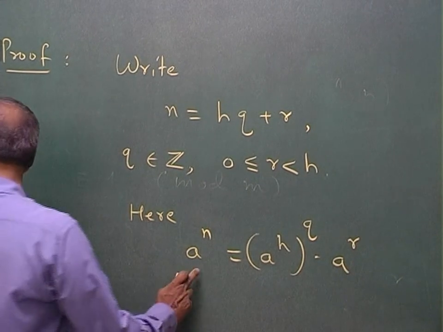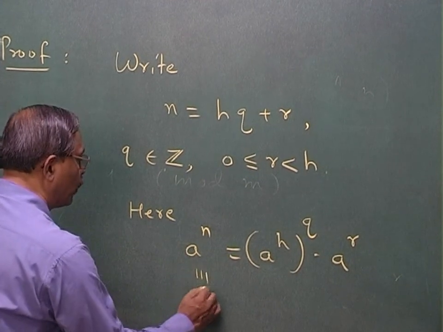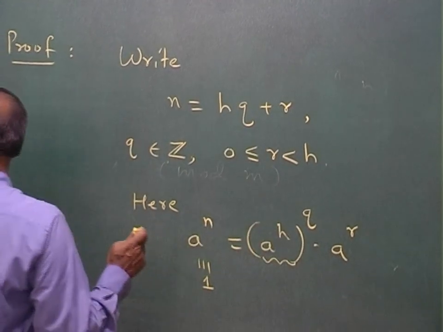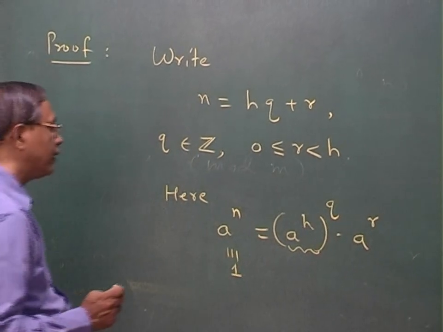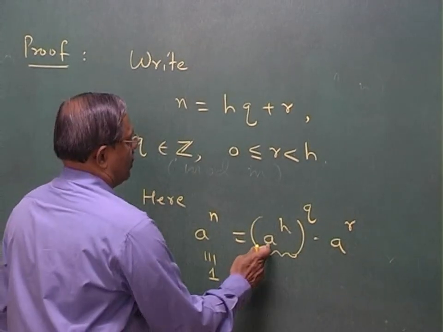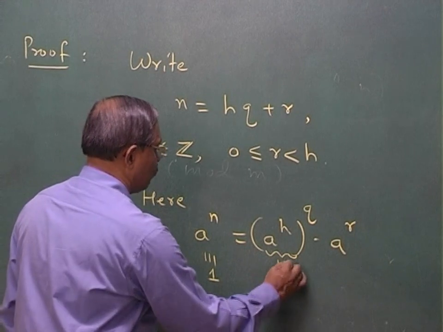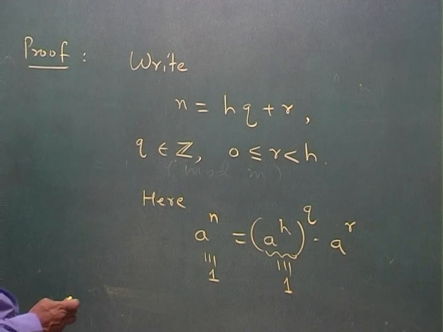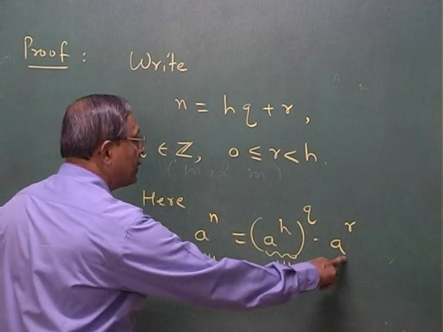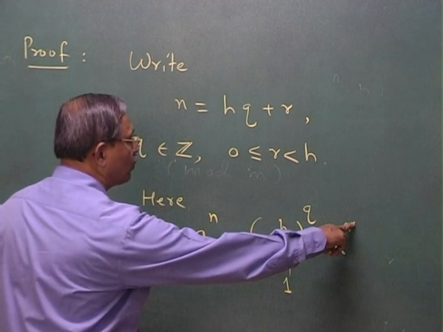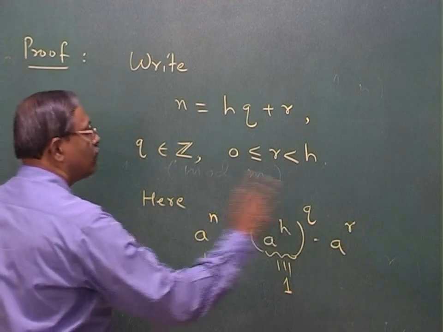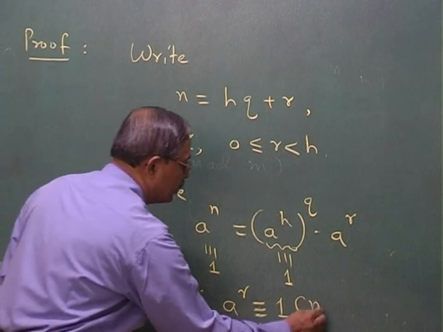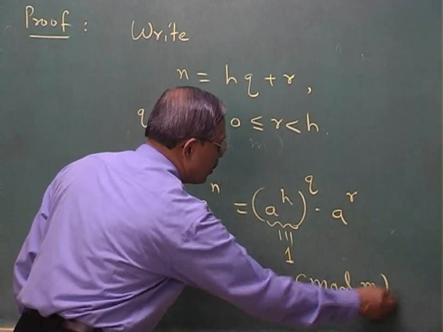Now A raised to n is given to be congruent to 1 mod m. H is the order of A, and therefore A raised to h is also 1. And that means that A raised to r should be congruent to 1 mod m.